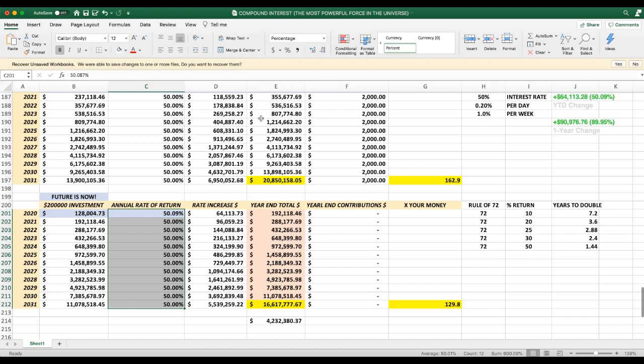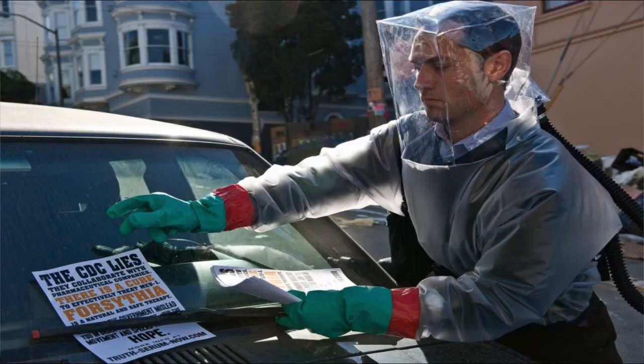And the last thing is contribute as much as possible to your accounts, especially if you have a high rate of return. Add as much as you can, within reason. And another reason to do that, it backs you up. If you have $10,000 sitting in there, it backs you up in case you get into an emergency situation.